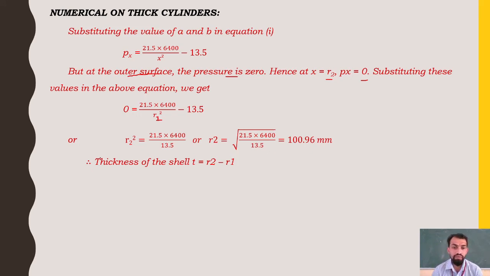Therefore the thickness of the shell will be T equals R2 minus R1, that is 100.96 minus 80, which is 20.96 mm. These are the two numericals which we have solved.